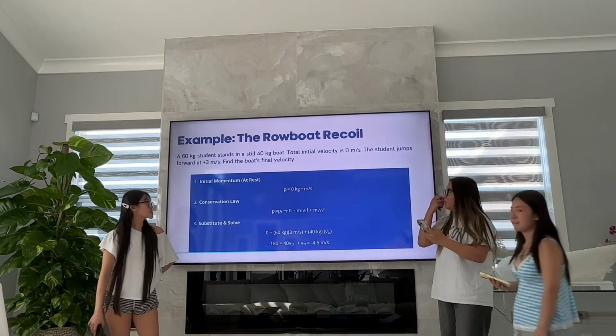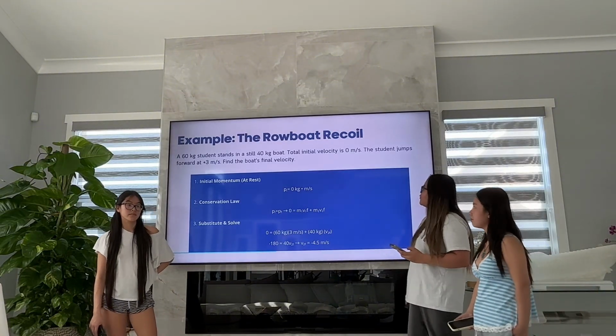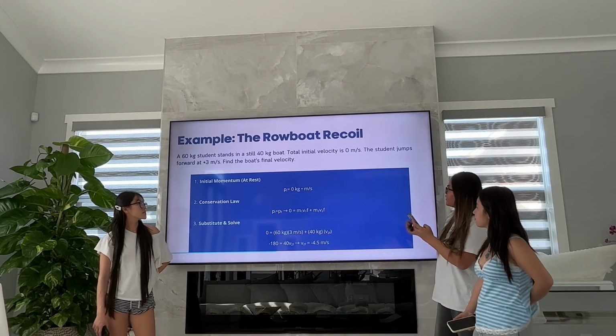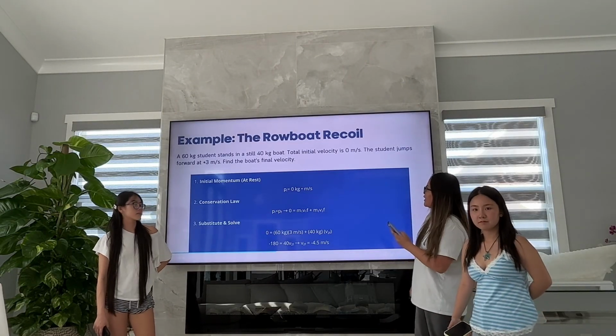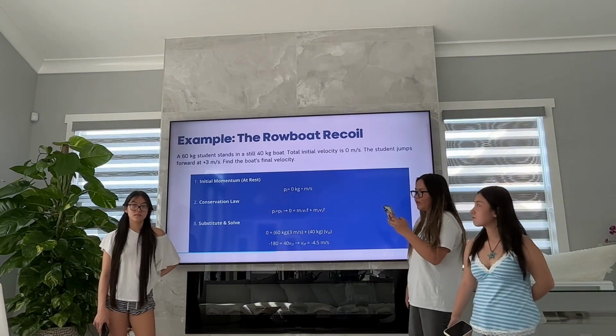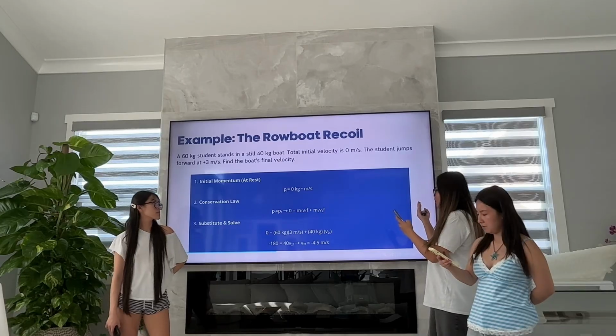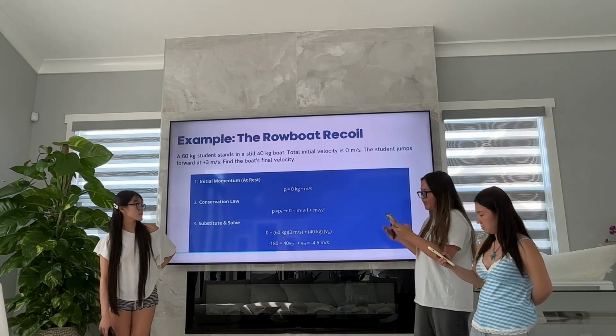So here's an example of the rowboat recoil. If a 60 kilogram student were to stand in a still 40 kilogram boat, because everything is at rest, then the initial momentum is 0 kilogram meters per second.